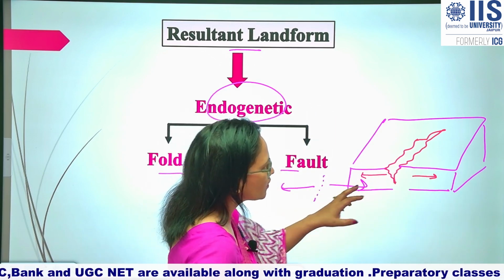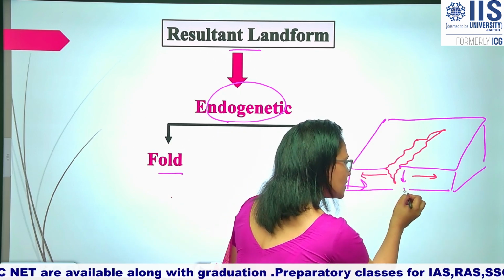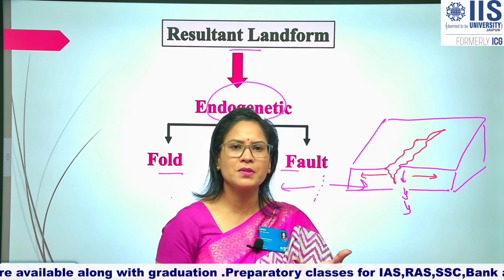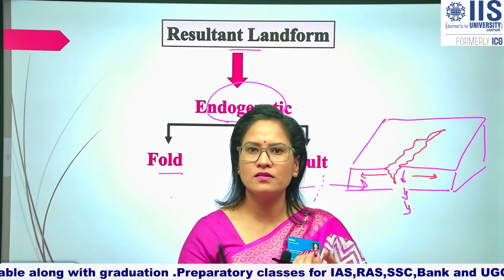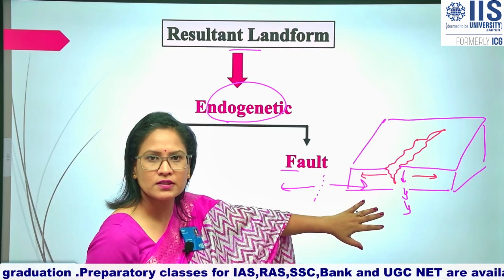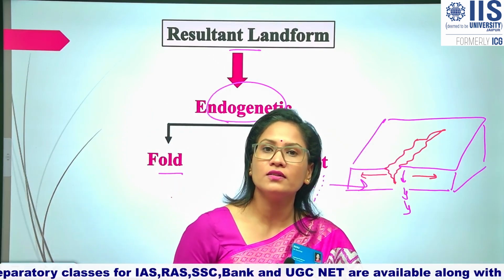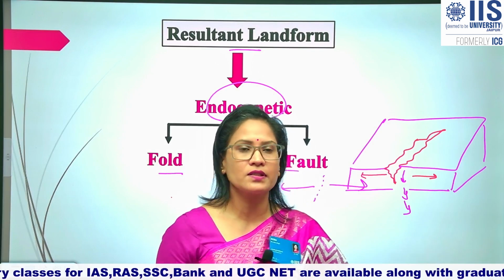Right? So are you able to understand? And when the depth is continuous, there are different types like cracks, fractures, valleys, gorges, canyons, right? So this is the faulting process. Now what kind of landforms occur on the earth's surface? There are many types of it. We will discuss it later.